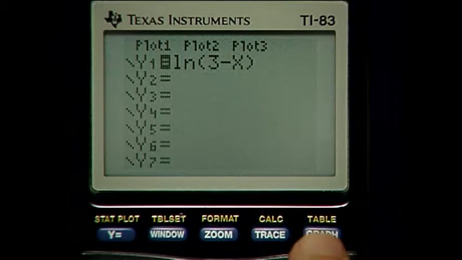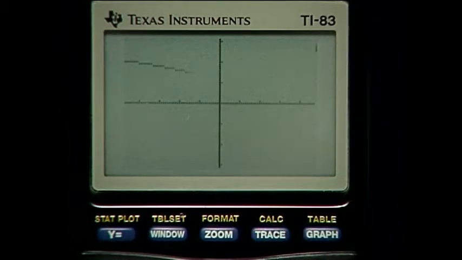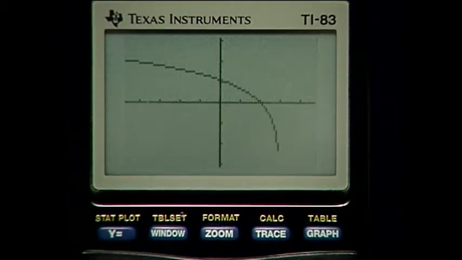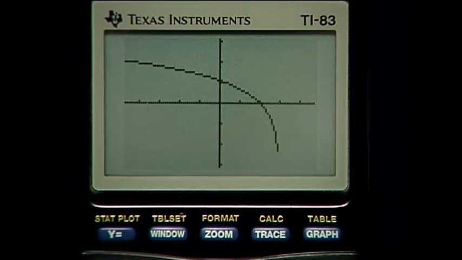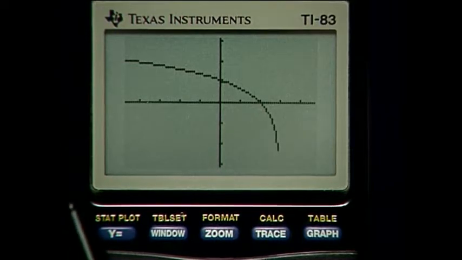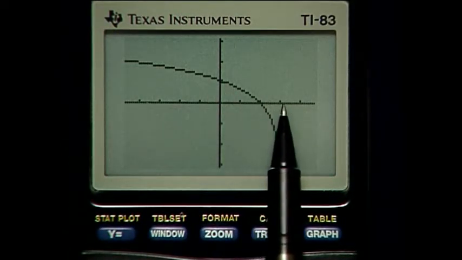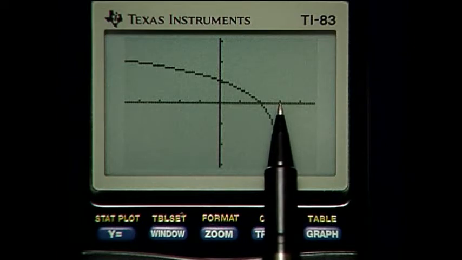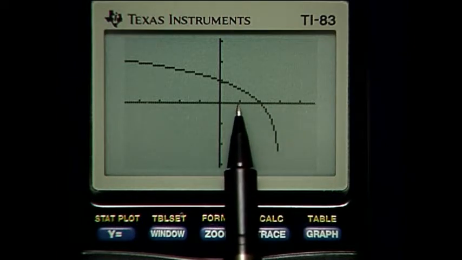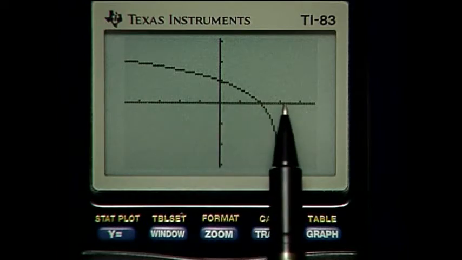Here's our function, and the graph has the expected kind of behavior. Now to verify the calculated domain of x being less than 3, we can sort of see it from looking at the calculator display here. Here's a tick mark at 1 and then 2, and here's 3. And it appears that the graph makes its appearance on the coordinate plane for x values less than 3.